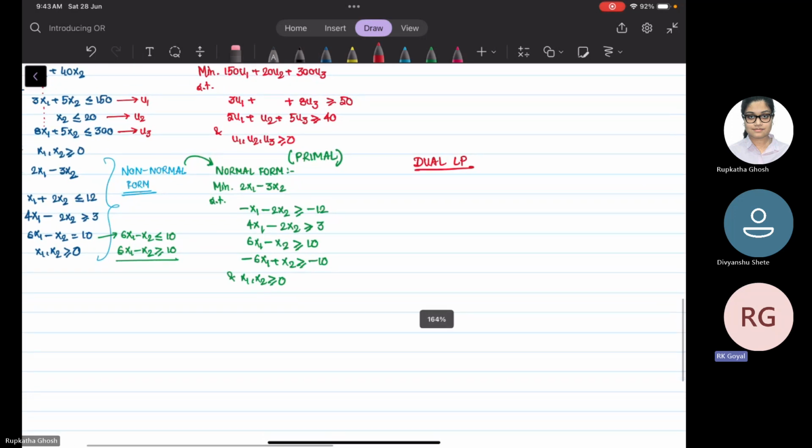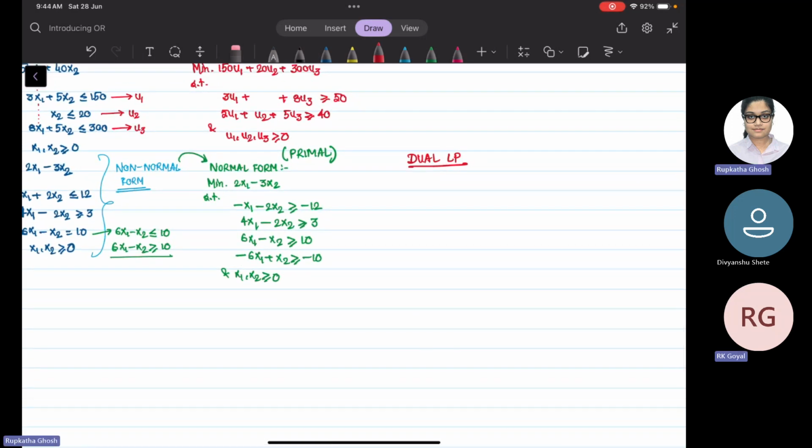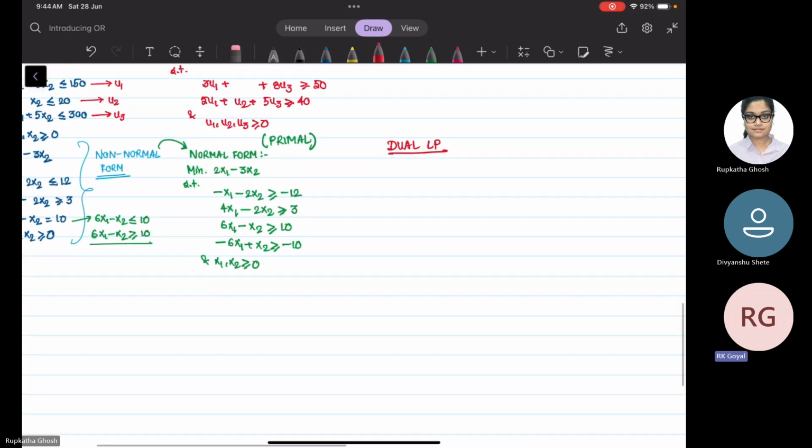First tell me the objective function. What is the nature of the objective function? Maximize. Always say that: Max. Minus 12 u1 plus 3 u2 plus 10 u3 minus 10 u4.